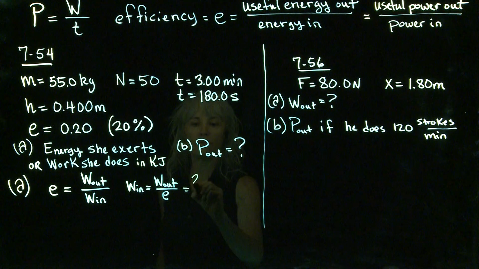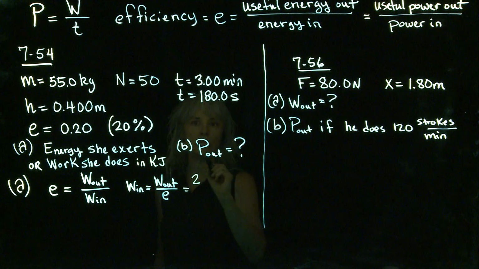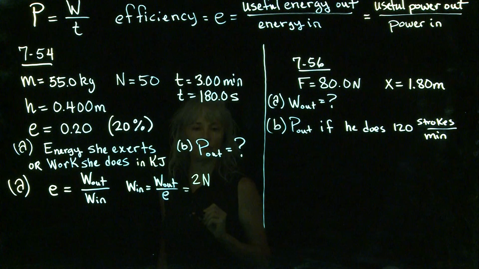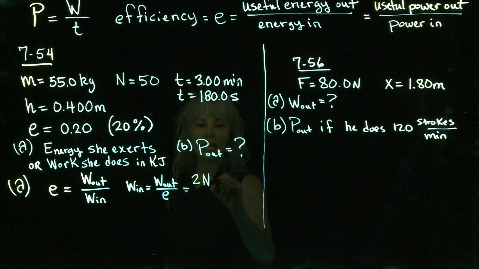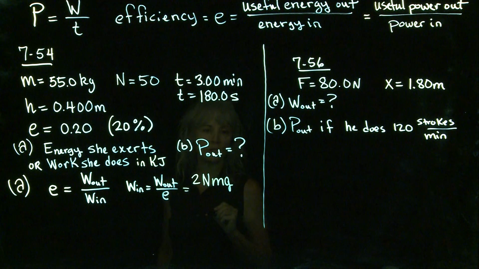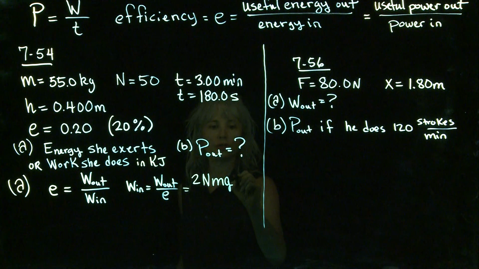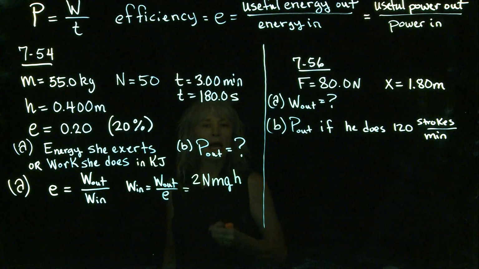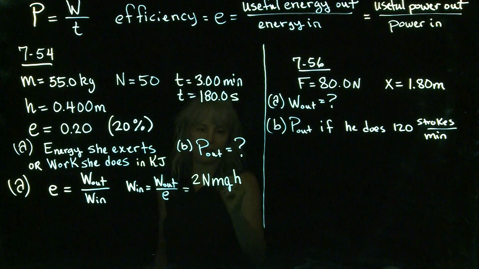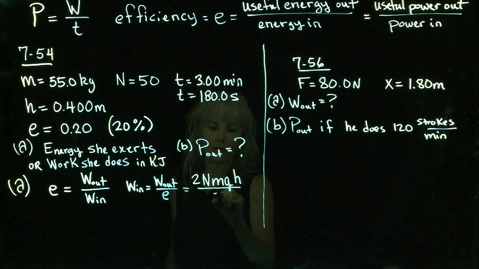So we're going to get a factor of 2 for each deep knee bend she does. And then this is going to be times the number of deep knee bends she does. And then the force she has to exert is against the force of gravity, her mass times the acceleration due to Earth's gravity. And then the height over which she needs to change her center of mass, h. And this is all divided by efficiency.